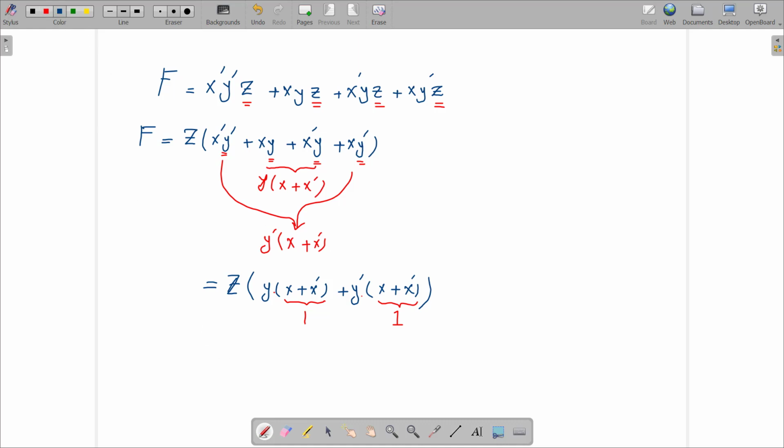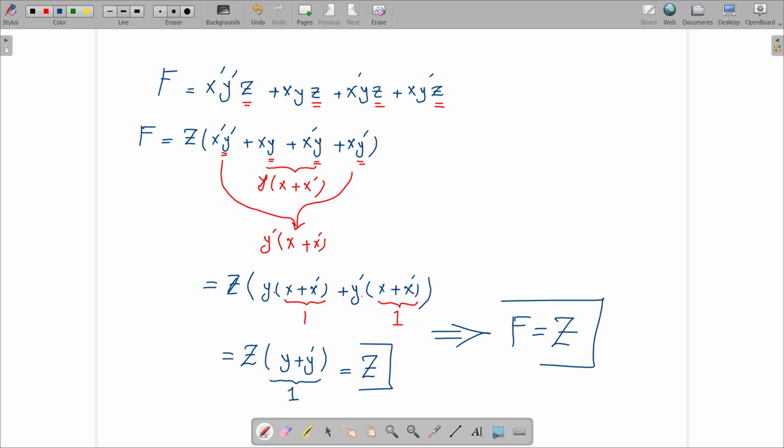So I will have z times (y or y prime). Again, as we know that this is equal to 1, I will have z. So it means that as a result, f is equal to z.